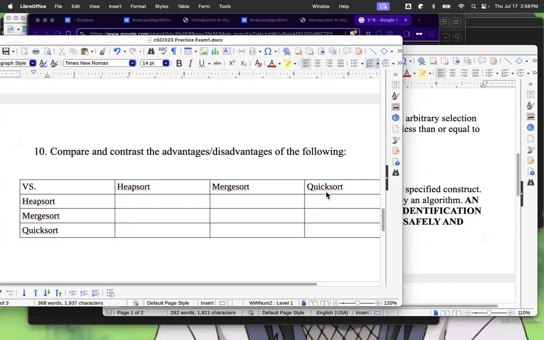So now, this is heap sort, merge sort, quick sort. If we compare heap sort with merge sort, both of them are running in n log n time. What can we say about the advantage of heap sort? Does heap sort use less memory than merge sort?